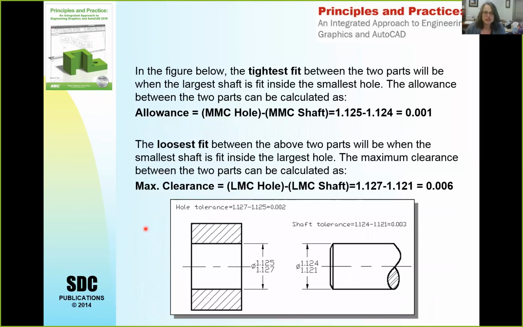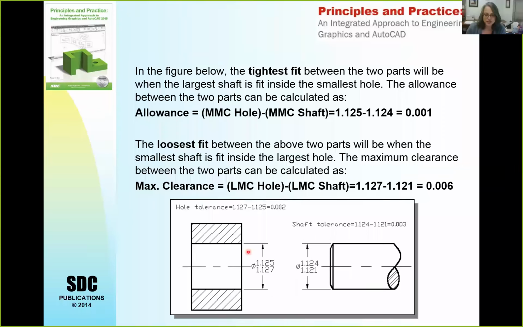Okay, so let's talk about tightest fit. Now the tightest fit, if we think about this for a minute, is going to be the minimum clearance. So what this means is it's the largest allowed shaft going into the smallest allowed hole.